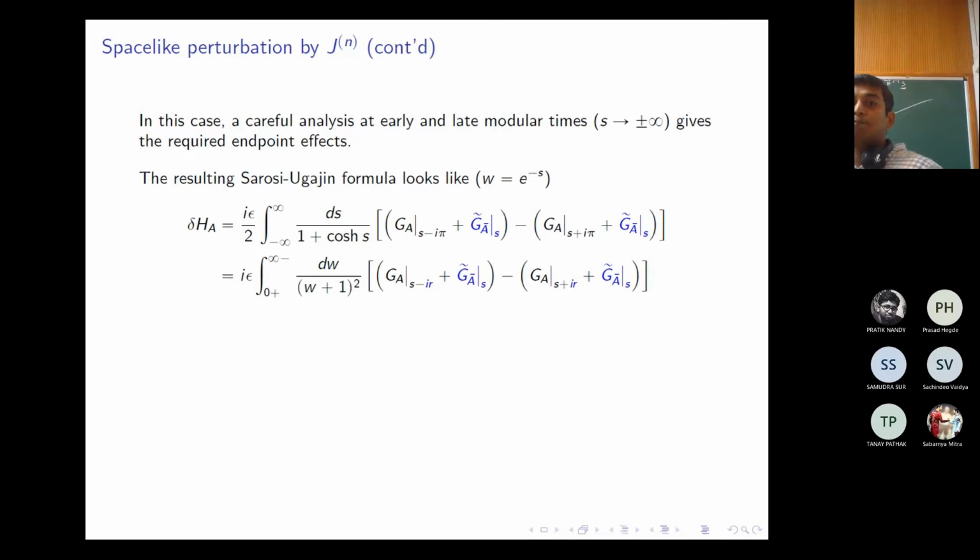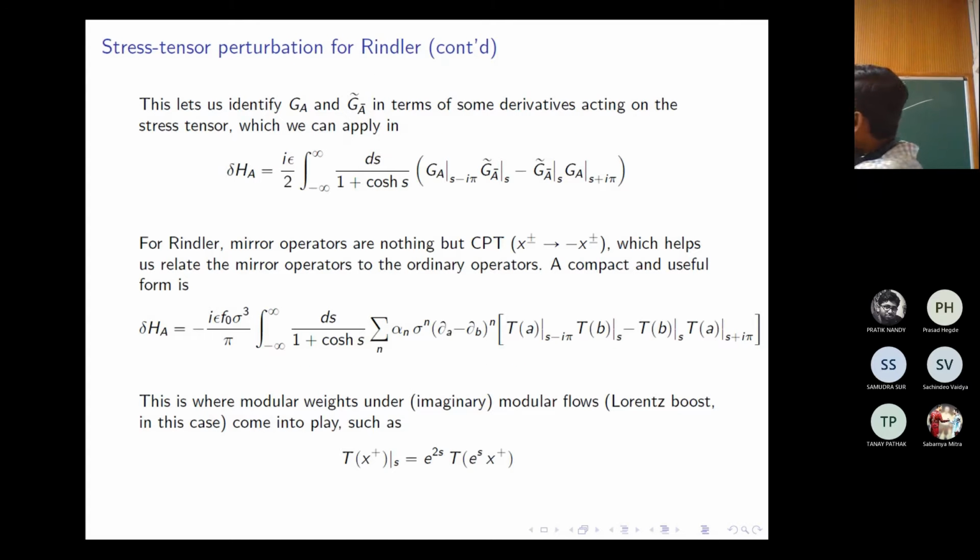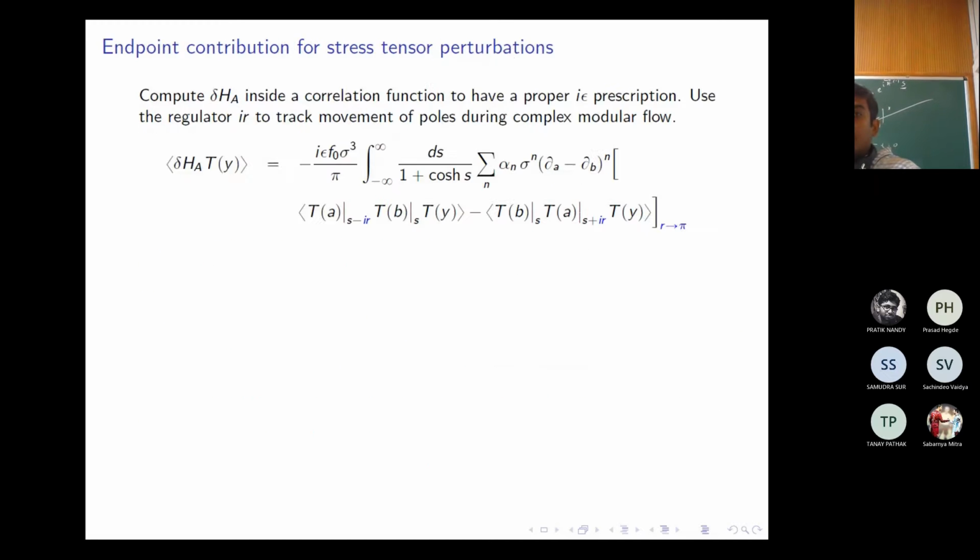And then we would again put it in the Sarosi-Ugajin formula, the formula that we had here, this formula on top. So what I would do is, once I take G A bar to be identity, and then I will write a plus with a part where G A is identity. And that would be my full answer for delta H, to first order in epsilon.